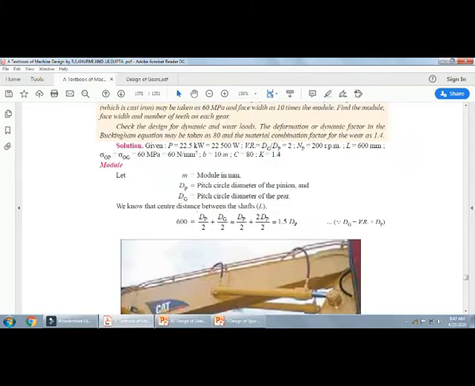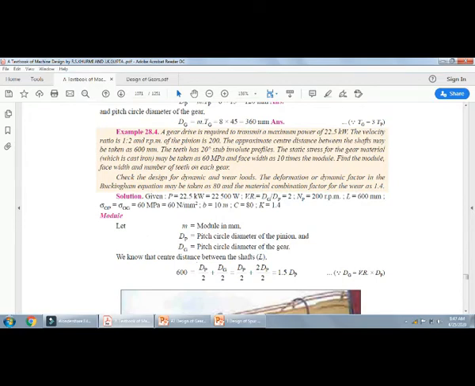Then your next numerical: a gear drive is required to transmit a maximum power of 22.5 kilowatt. The velocity ratio is 1 to 2 and RPM of pinion is 200. The approximate center distance between the shafts may be taken as 600. The teeth have a 20-degree stub involute profile. This is the system of the gears.